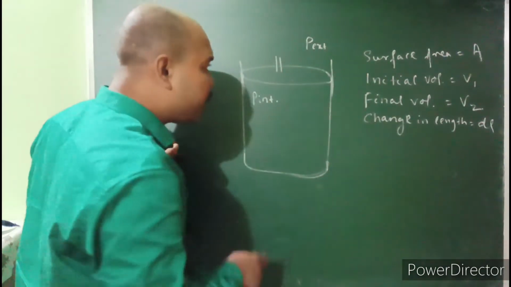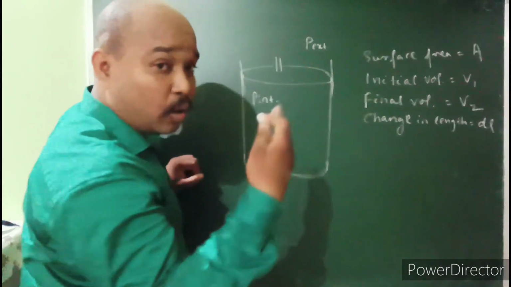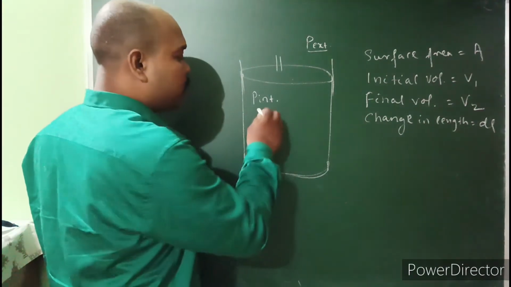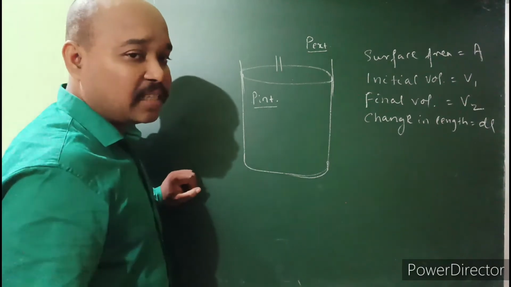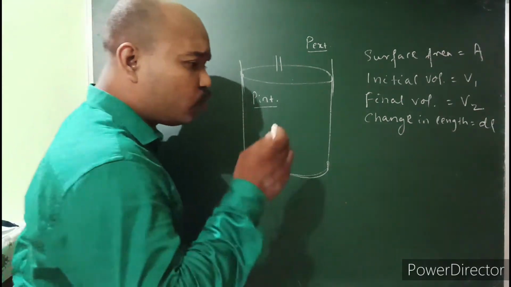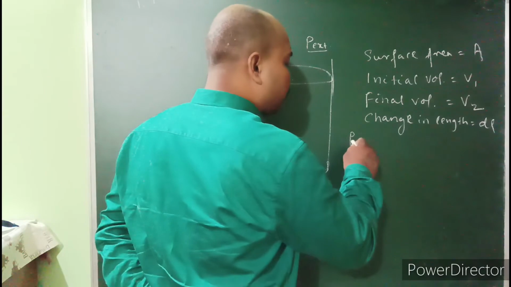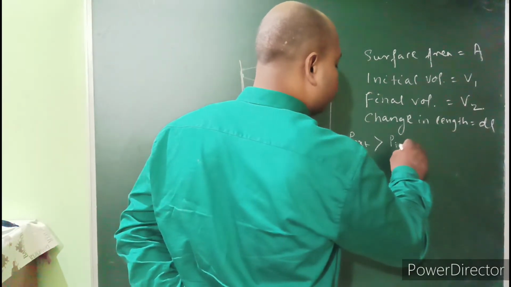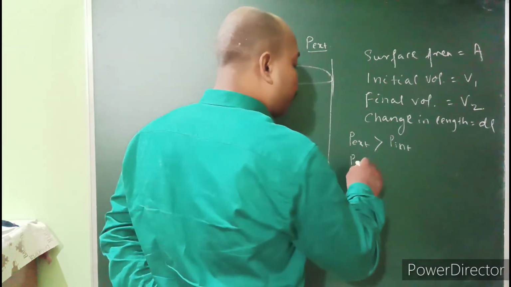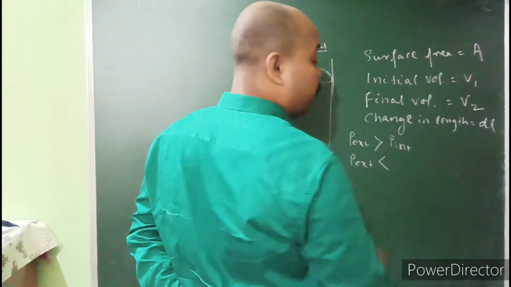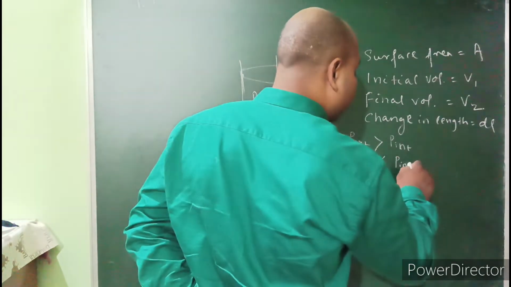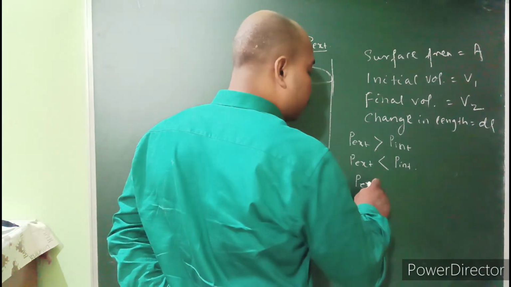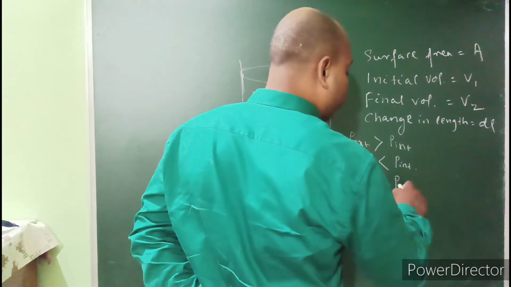Now I have taken there is a pressure outside the system, that I have written P external, and some pressure is present inside the system, that is P internal. So two cases may happen: the external pressure is greater than the internal pressure, or the external pressure may be less than the internal pressure, or another condition is possible that both the pressures are equal.